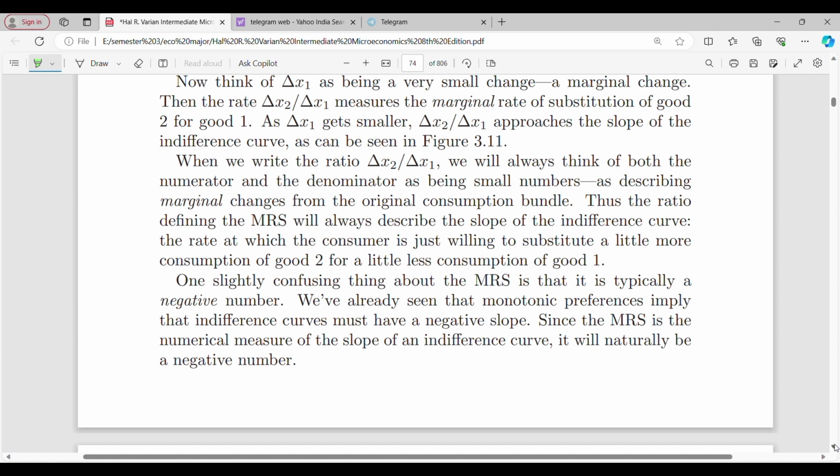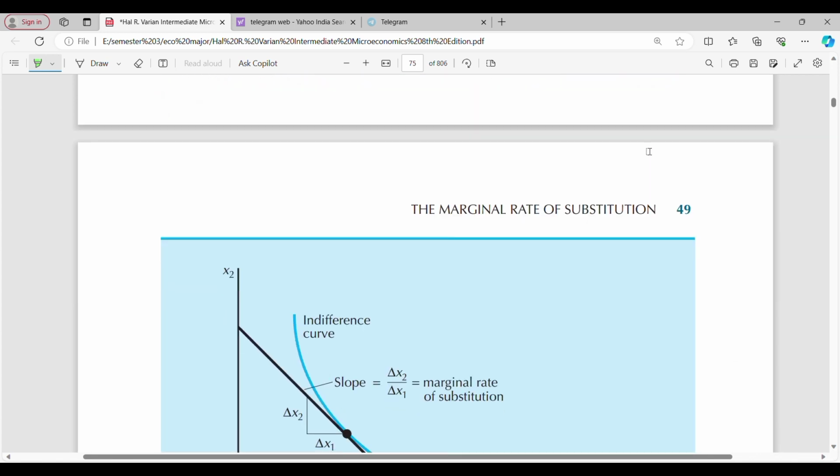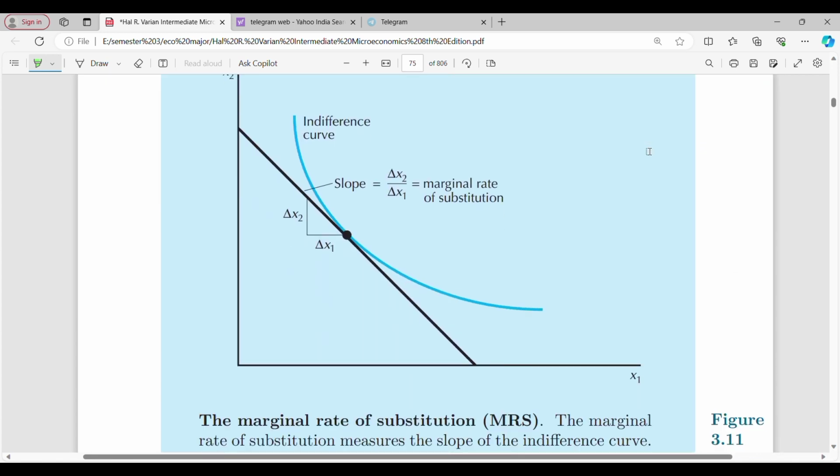Then this rate measures the marginal rate of substitution of good 2 for good 1. As delta x1 gets smaller and smaller, delta x2 by delta x1 approaches the slope of the indifference curve. Like this.